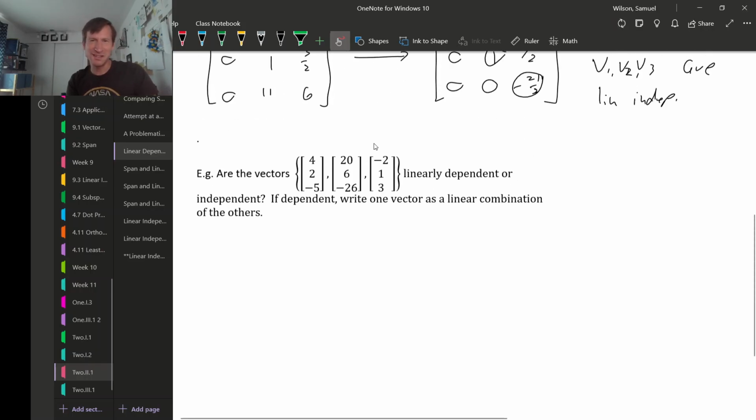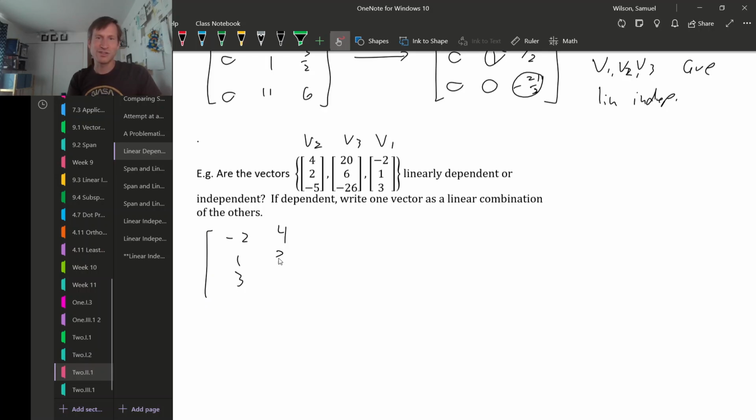I think it'll be easier to put this one first, and then this one, and then that one. So -2, 1, 3, 4, 2, -5, 26, -26. Okay, now we're going to do row reduction. And actually, I'm going to do this off screen so you don't have to watch me do row reduction again.